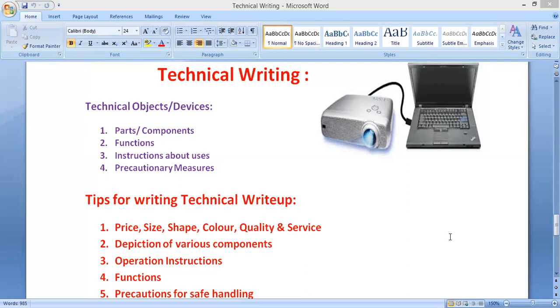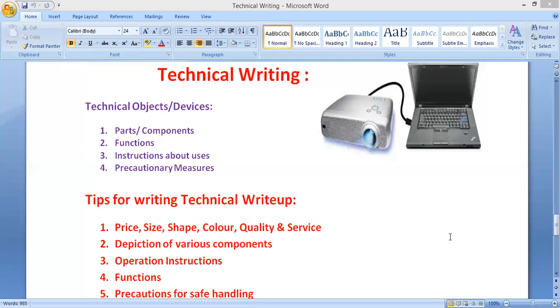And how do we learn the operation of those particular devices, machines, or objects? Of course, somebody tells us and we start using it. But if we read the manual of that particular device, which comes with it, it will be helpful for us. So that write-up, that manual, that pamphlet is nothing but technical writing.